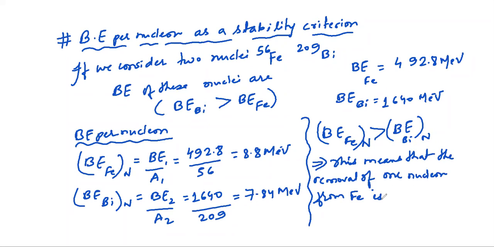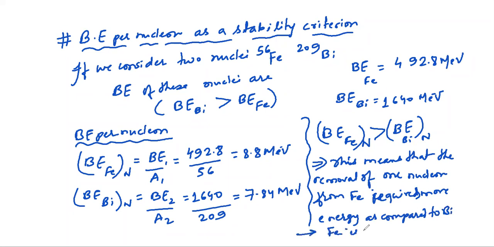This means that removal of one nucleon from ferrous requires more energy as compared to bismuth. This means Fe is more stable, more stable nucleus. I hope you have understood this point very well, that Fe is more stable.